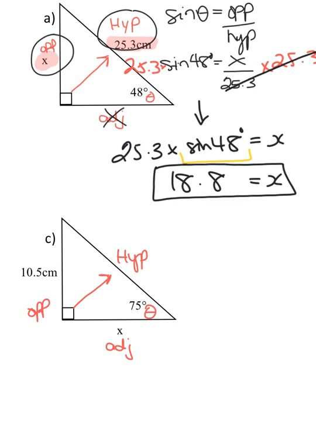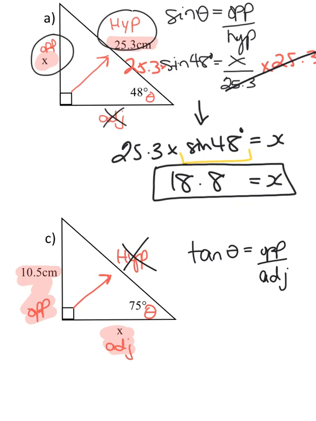So this time we have the opposite and we want the adjacent. We don't want anything to do with the hypotenuse. So we're going to choose the trig ratio that has opposite and adjacent only, and that's going to be tan theta is opposite over adjacent.